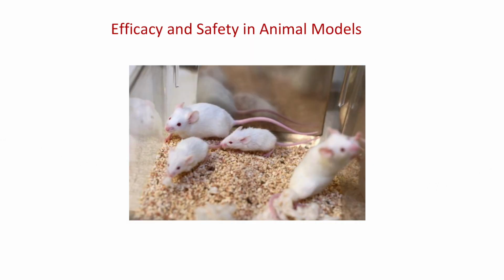Once you have identified, through in vitro assays on isolated enzymes or cell lines, a lead molecule, then you have to evaluate the efficacy of this molecule in animal models, efficacy as well as safety. Usually the animal models that are employed are mice, rats, rabbits, guinea pigs, hamsters, and in some cases primate animal models also.